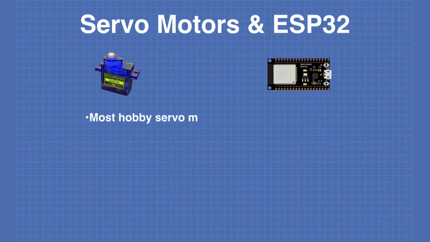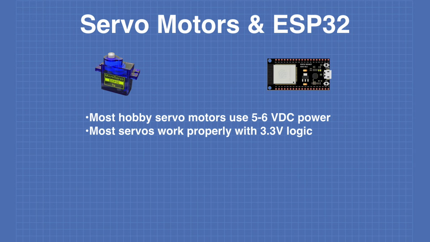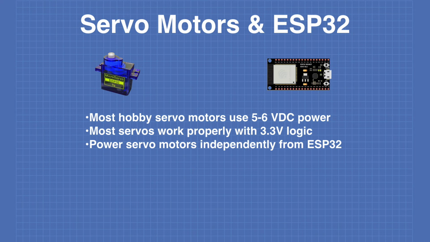Most hobby servo motors use 5 to 6 volts DC for powering, making them ideal for battery-powered applications. Most of these servo motors will work properly with 3.3 volt logic, but again you should check the specifications of your servo to be certain. It is a good idea to power your servo motors independently from the ESP32.